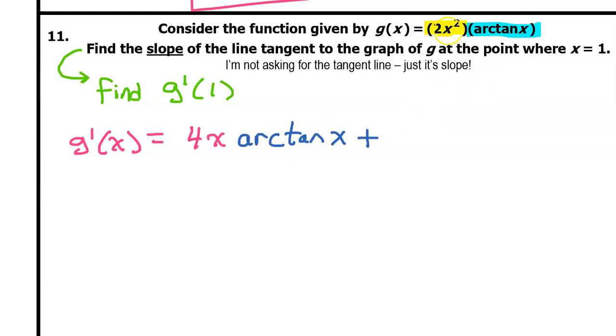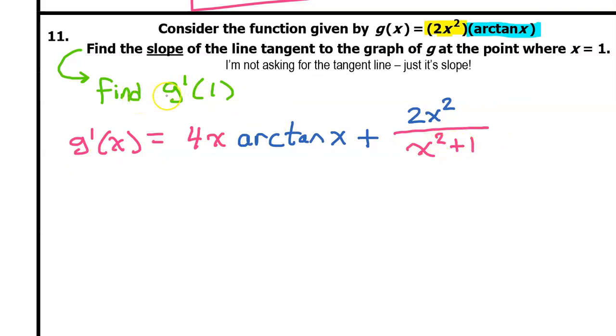The second time through, we leave the yellow factor alone. So I have 2x squared. And I multiply by the derivative of the blue factor, and that is 1 over x squared plus 1. I'm going to go ahead and put the 2x squared in the numerator. So this is the derivative.